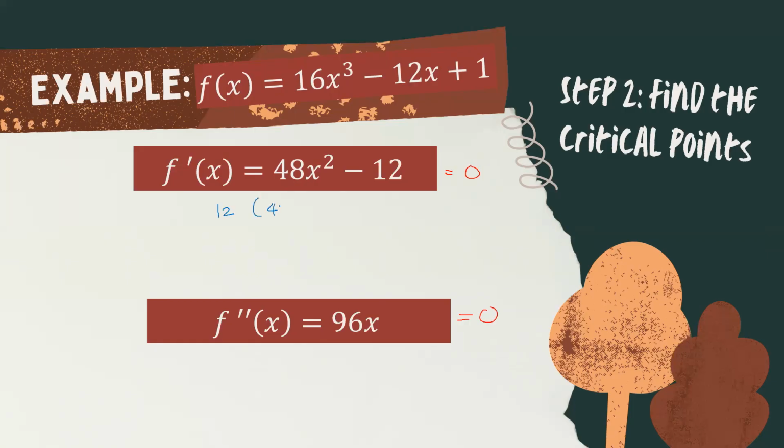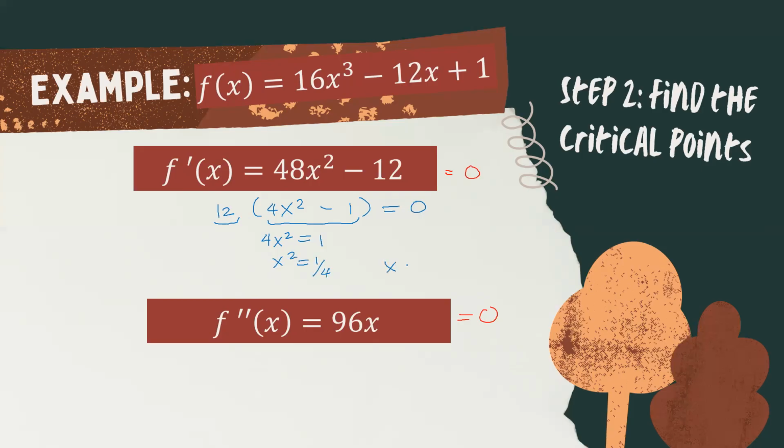So we have 12 times 4x squared minus 1 equals 0. So the factor 12 is never 0. So ito na lang, no? Quit natin si 12. So 4x squared equals 1. X squared equals 1/4.